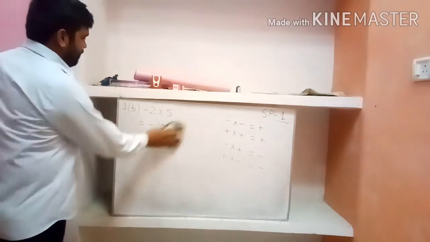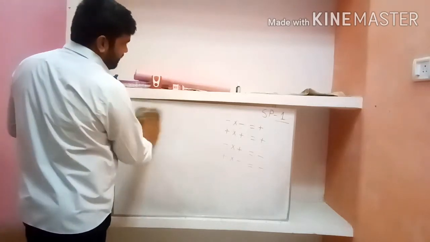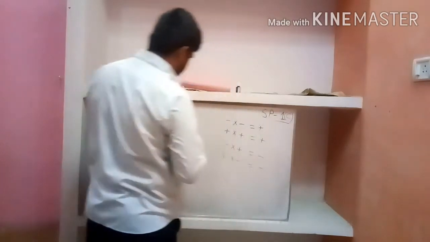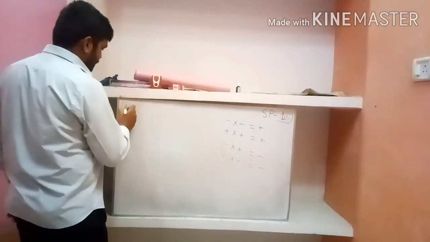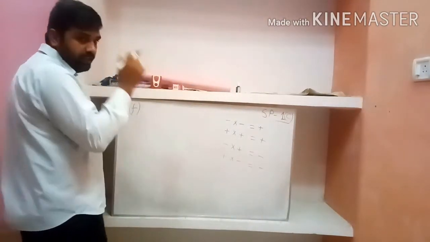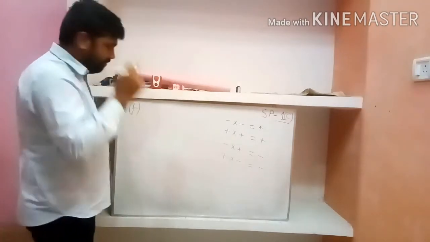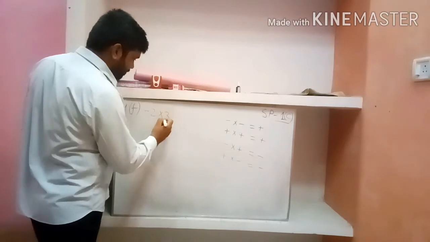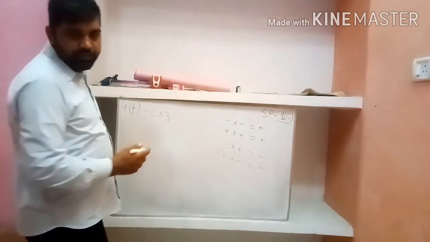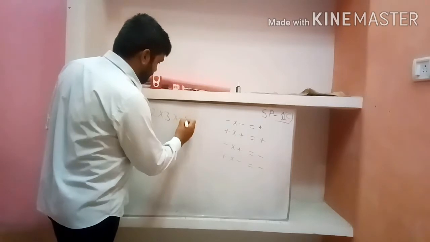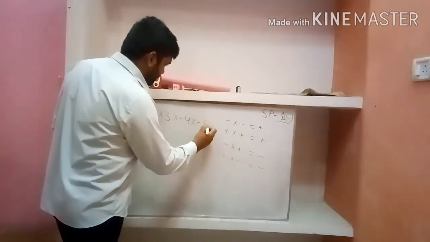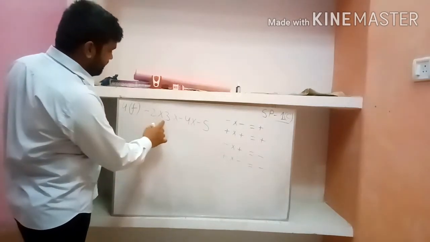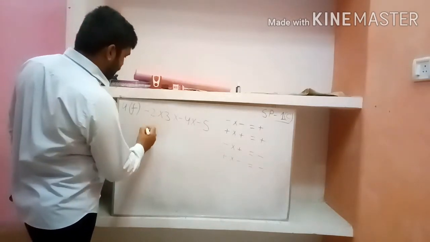4th F, self practice 1C. Minus 2 multiply 3 multiply minus 4 multiply minus 5. Now you see, minus times plus gives you minus 6.